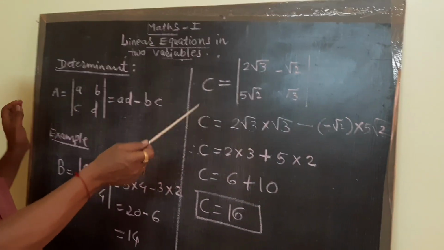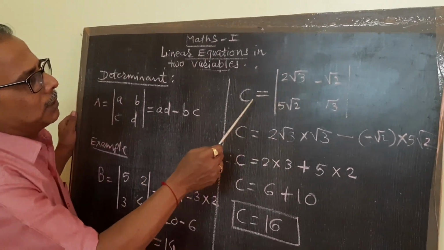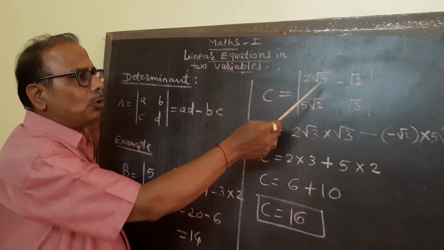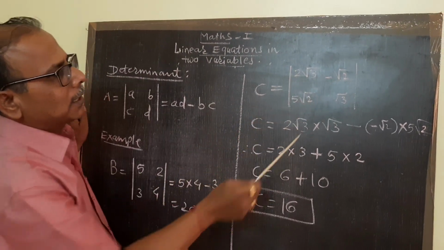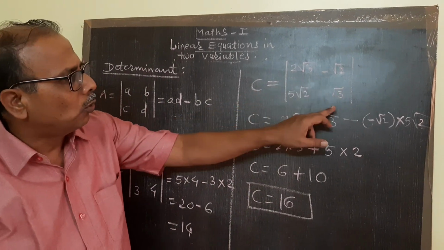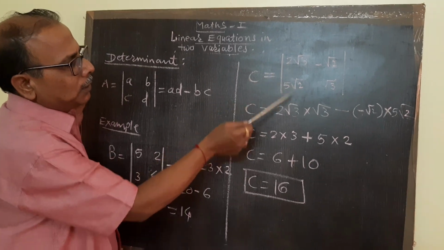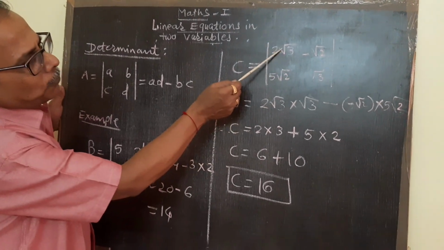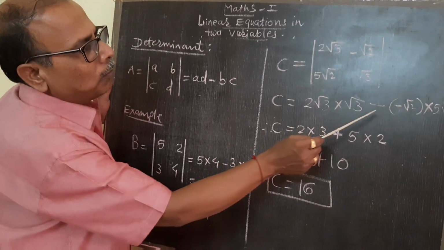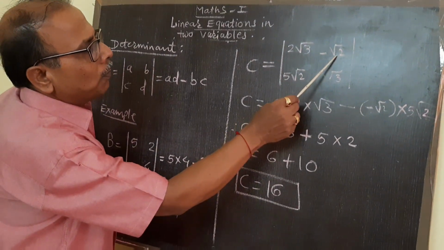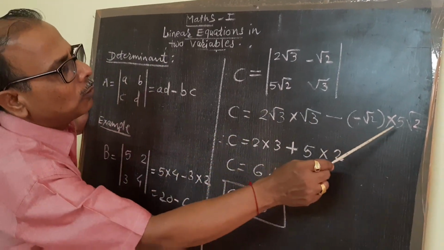Similarly, some real numbers are taken in this determinant C. 2 root 3, 5 root 2 is the first column, and the second column is minus root 2 and root 3. So what is the value of this? Taking the product of 2 root 3 and root 3, minus the product of minus root 2 into 5 root 2.